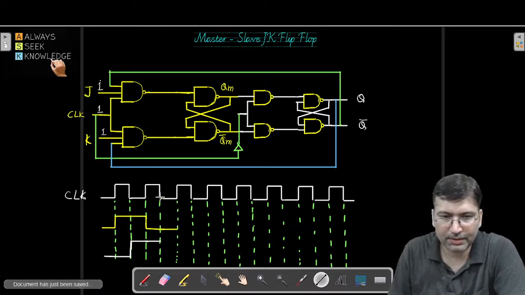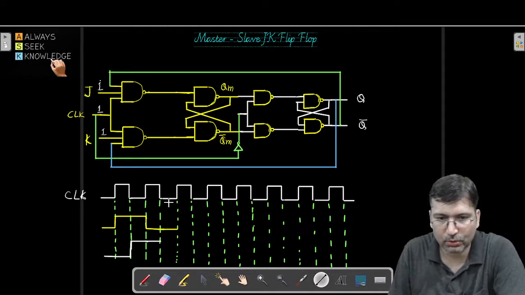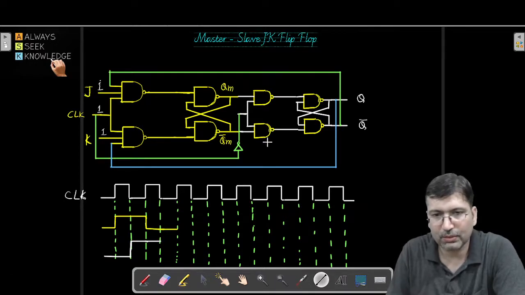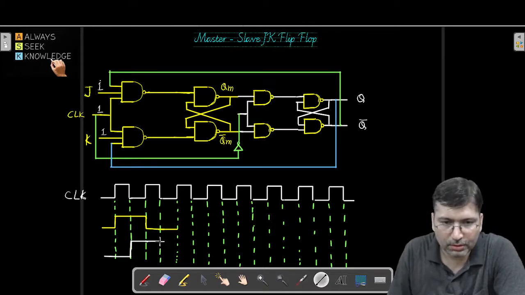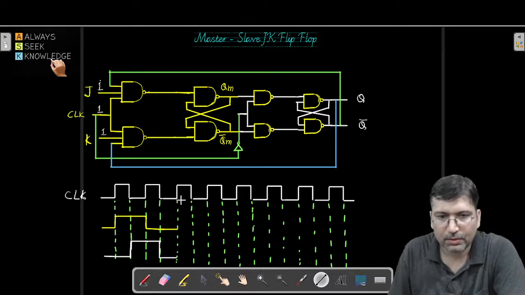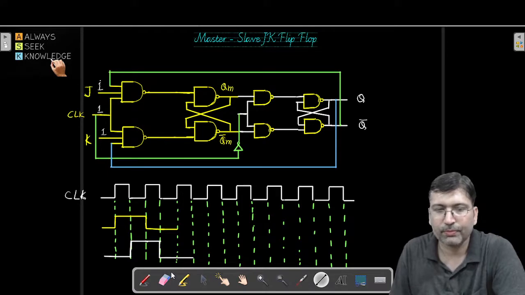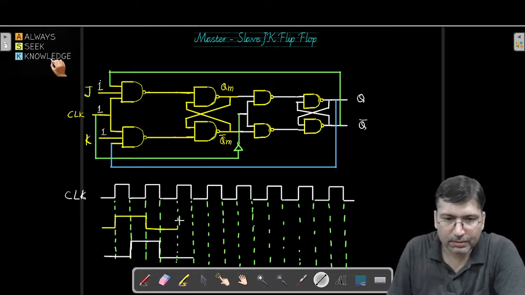But in this case, when this clock is low, this circuit will be active and it will toggle. So when it will toggle, this will be low, so it will go down, and this will remain low in this duration. When the clock is becoming high, in this duration also, because the circuit will be inactive, it will remain 0.